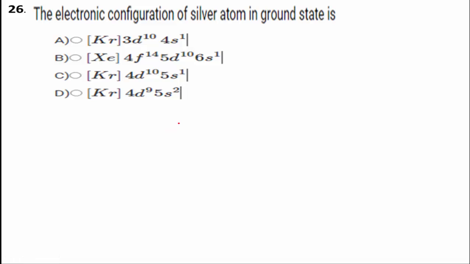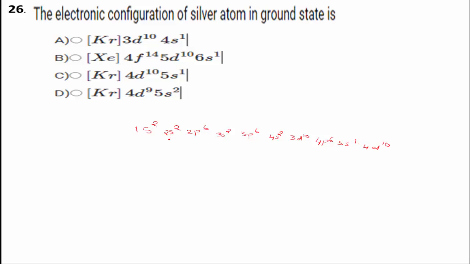Students, the electronic configuration of silver is written as 1s2, 2s2, 2p6, 3s2, 3p6, 4s2, 3d10, 4p6, 5s1, 4d10.